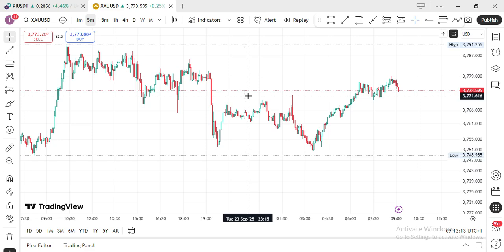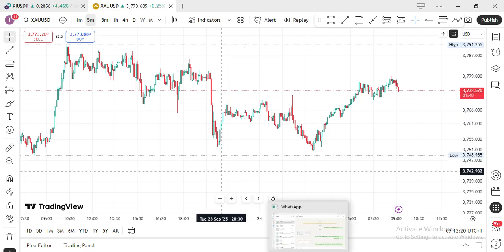Now, fair value gaps are made up of at least three candlesticks.